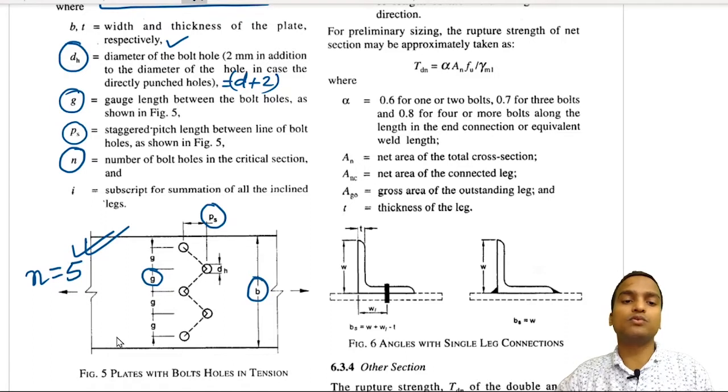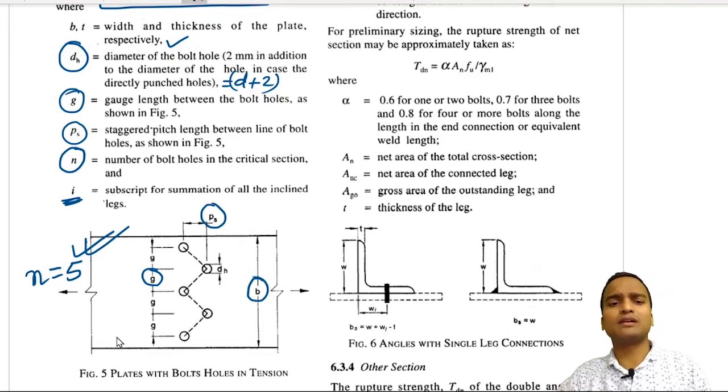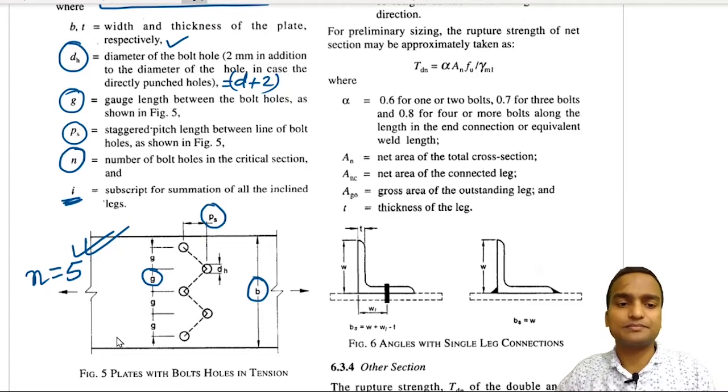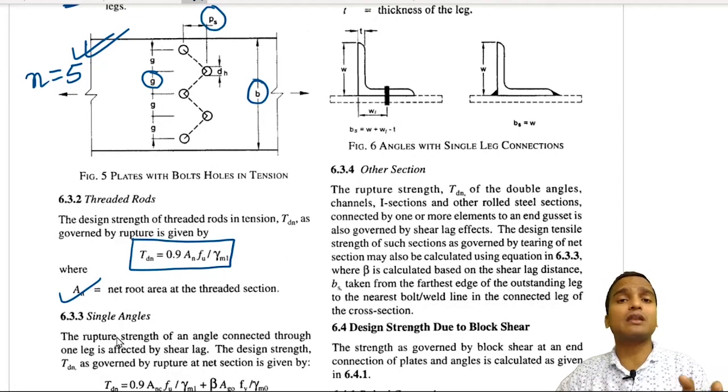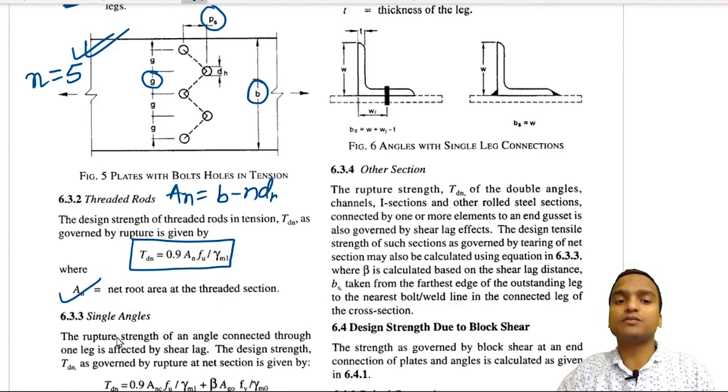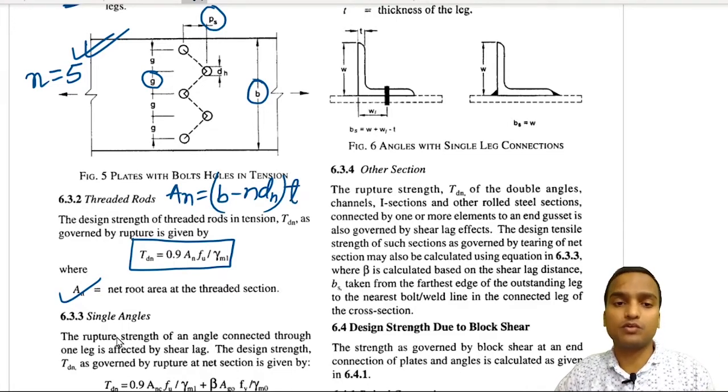There are 5 holes in this critical section, and I is usually used as a subscript for the summation of all the inclined staggerings or legs. Okay. In chain pattern, the calculation of net area is what? AN is equal to B minus N times the diameter of hole, and you multiply it with thickness in case of chain pattern of bolting. So that's not very difficult.